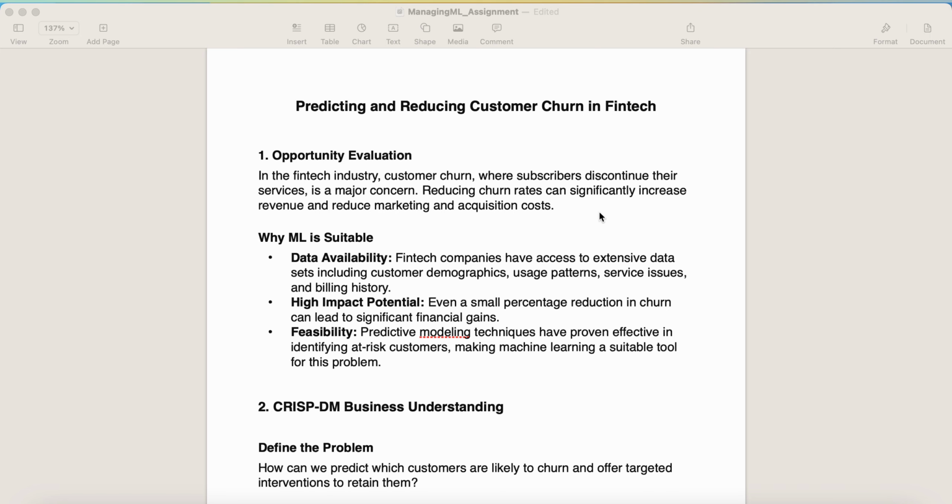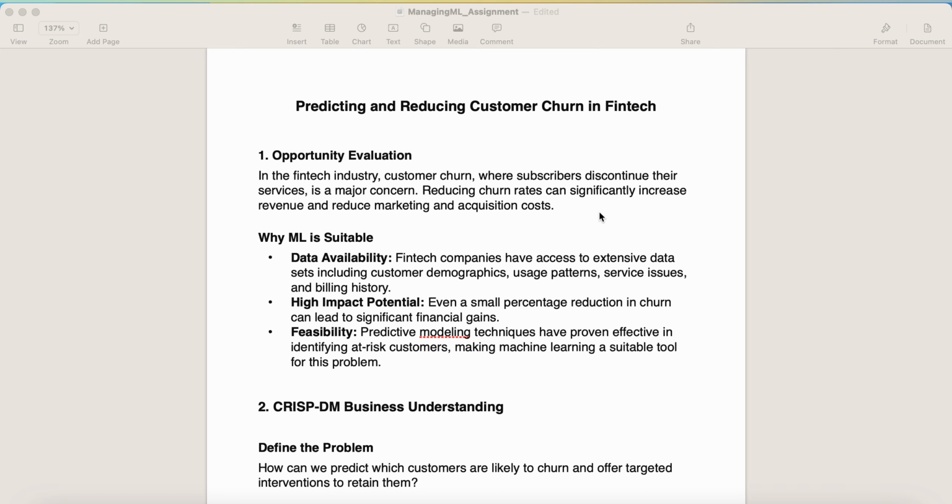Us being a fintech company, we have plenty of past data of customers: how they have used our services, their demographics, what kind of issues they have faced, and what kind of billing they have done in the past. Using this data, it's a high impact project.